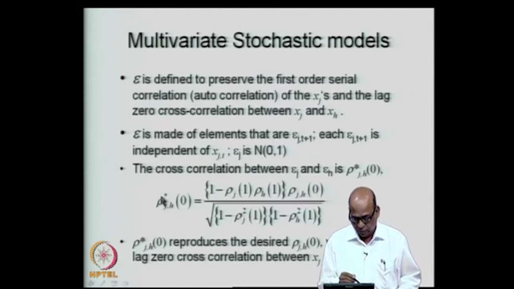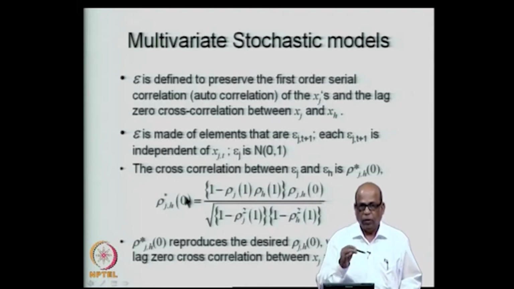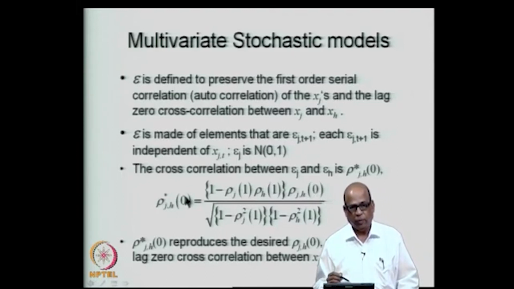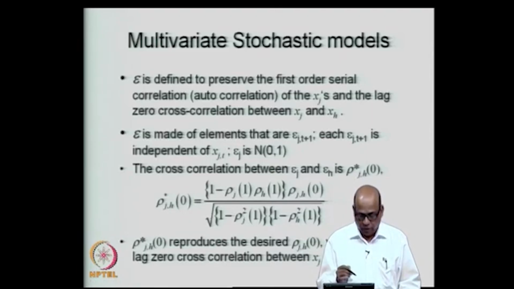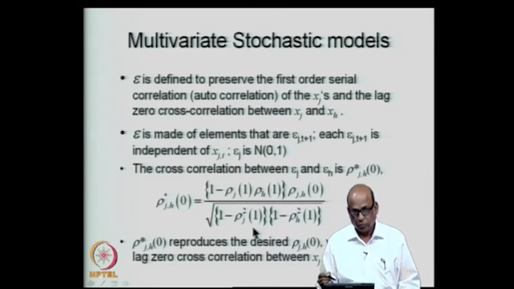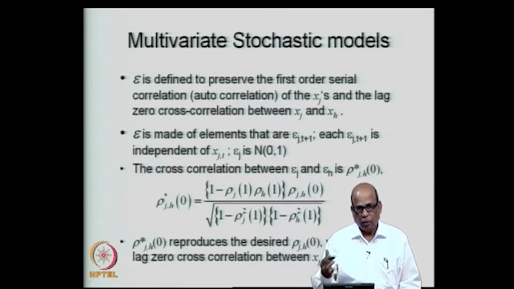We use this term to determine our epsilon. If we define rho j h star 0 in this fashion, when we use this in our model as we will do presently, it reproduces the rho j h 0, the cross correlation between sites j and h at lag 0.